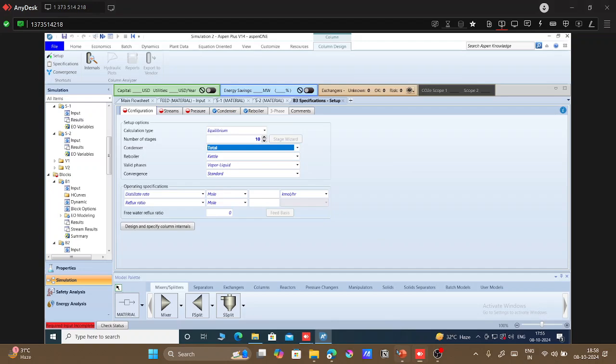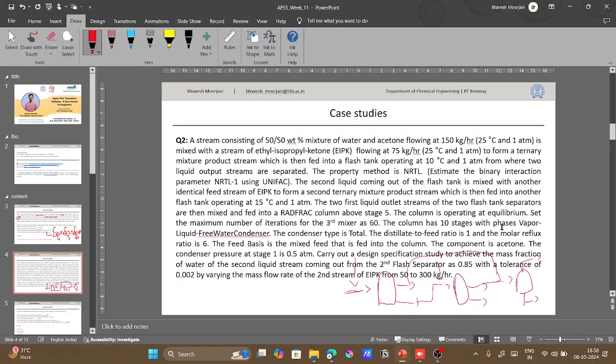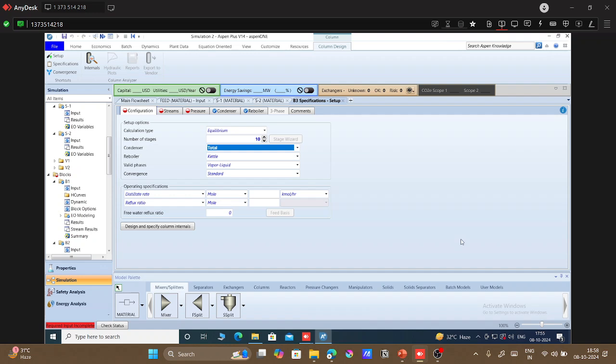Okay, you can see here the column has 10 stages. Now it has been provided that we have a vapor-liquid-free water condenser. Okay, so now we want to see what that means. As we were discussing earlier, free water in a way will be a third phase.